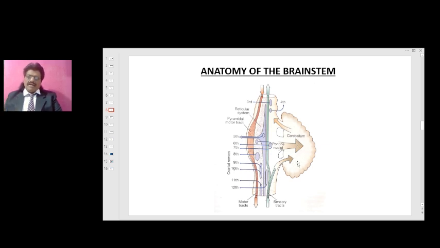The cerebellum compares these two movements and adjusts the movement to give the perfect, exact movement, and the information goes from the cerebellum back to the cortex through the dentatorubro-thalamo-cortical tract.